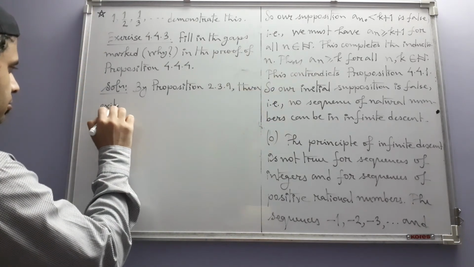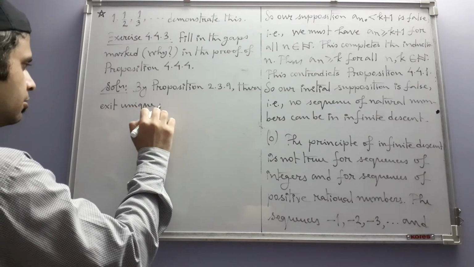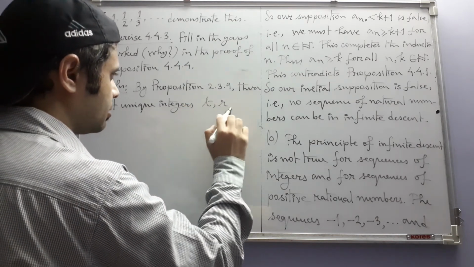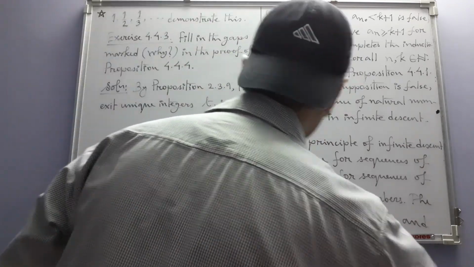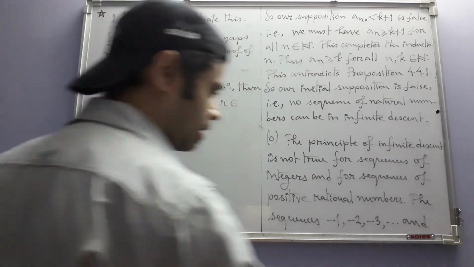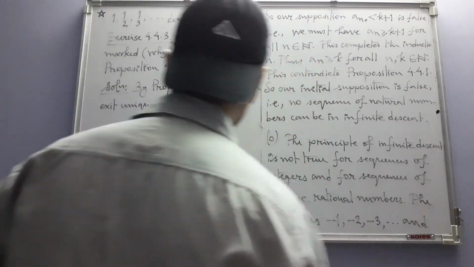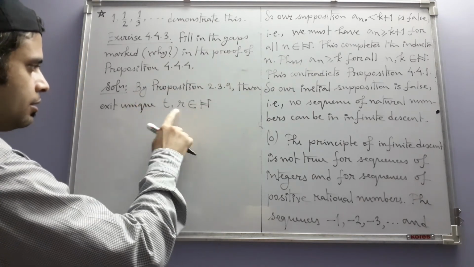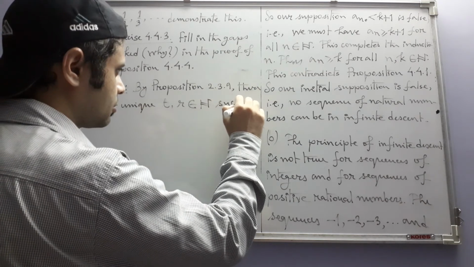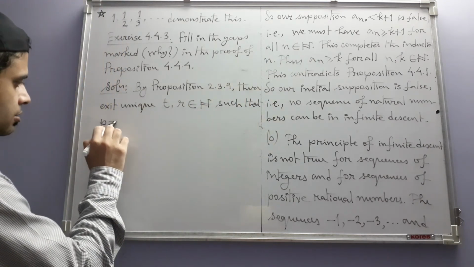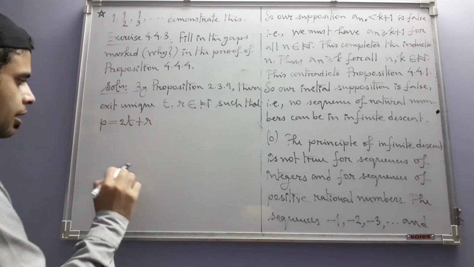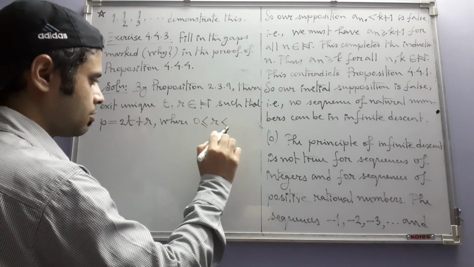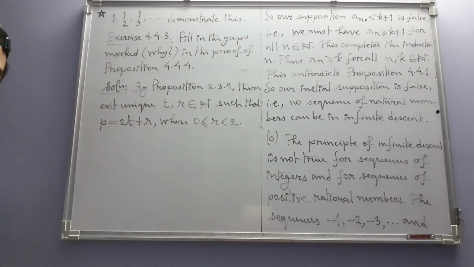There exist unique natural numbers t and r such that p is equal to 2t plus r, where r is non-negative and r is less than 2.